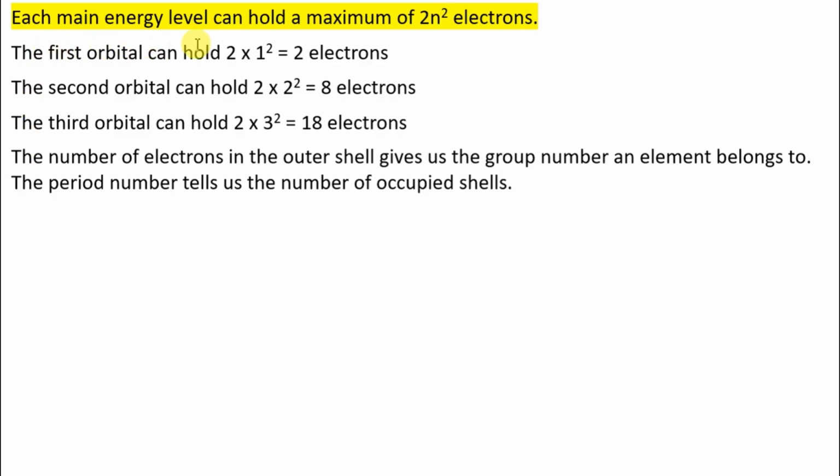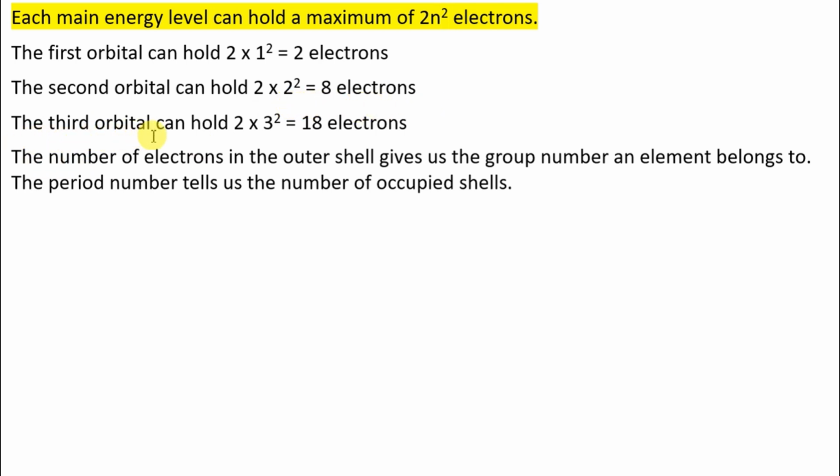Each main energy level can hold a maximum of 2n² electrons, where n is the number of the energy level we're thinking about. The first orbital, n equals 1: 2 times 1 squared, 2 electrons. The second orbital, 2 times 2 squared, 2 times 4 is 8 electrons.